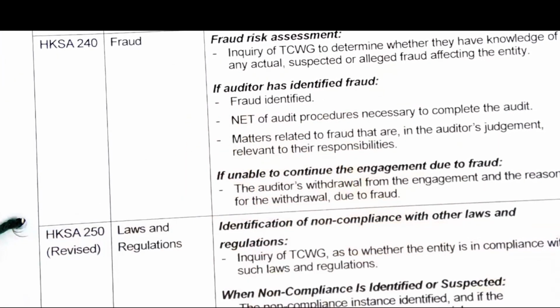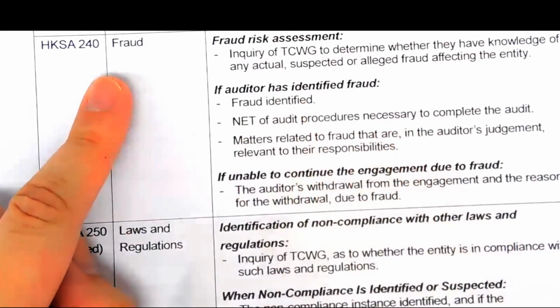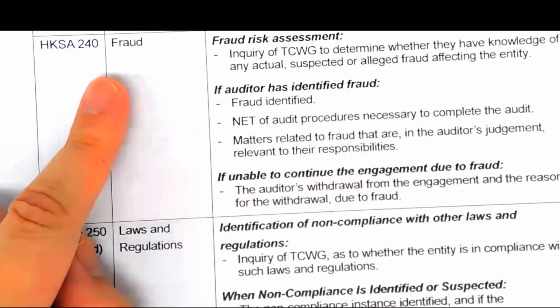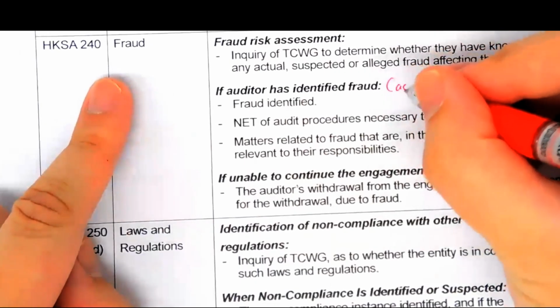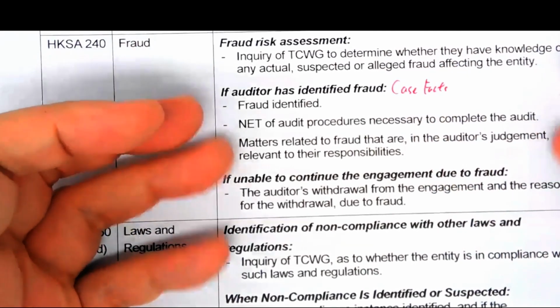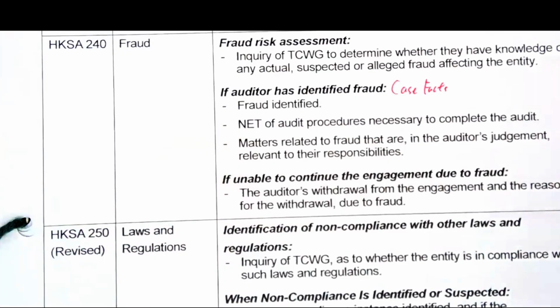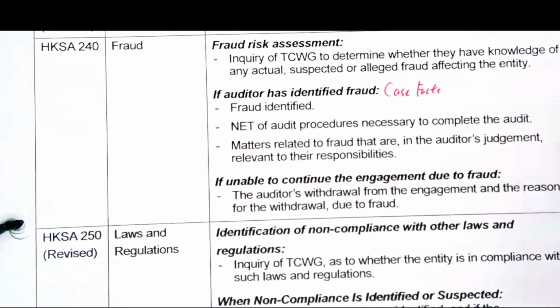Okay, so if the question is actually on fraud, when the audit matter, the audit issue in the examination case facts is talking about this, your answer will say something like this. You need to communicate with those charged. Okay, we actually come across such kind of answer when we go through audit procedures.